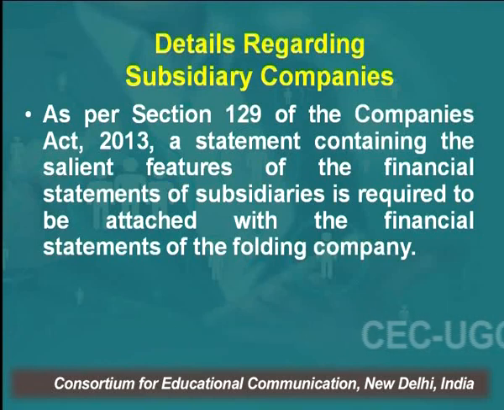So when I am reporting the financial statements of holding company, as per the provisions of section 129 of Companies Act 2013, I have to attach the statement for my subsidiaries. So I am not only reporting about my own performance, but also about my subsidiaries.